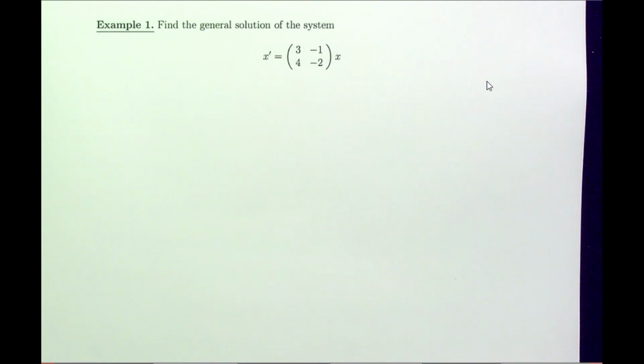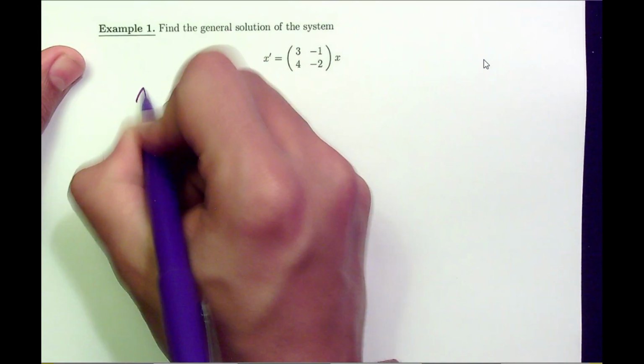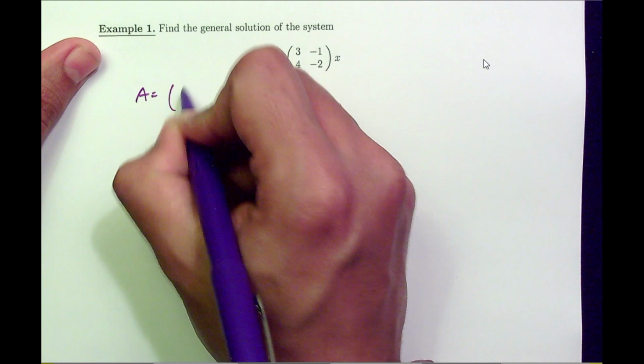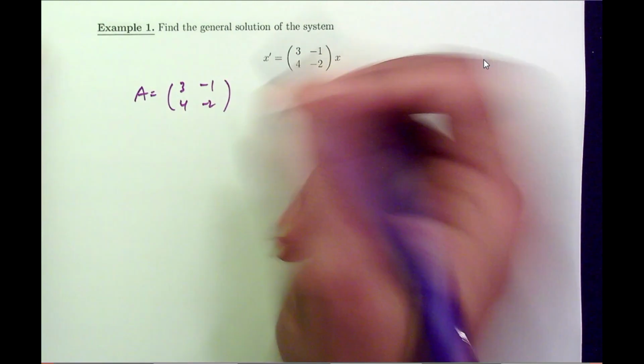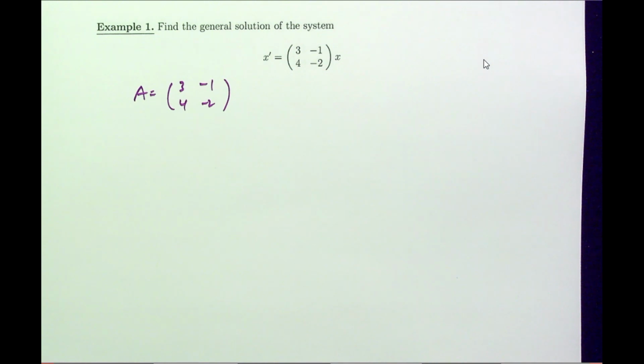Okay, this actually is a matrix, so I'm going to call that matrix A, which is 3, -1, 4, -2. This is a matrix that we already found the eigenvalues for, in the previous lesson.